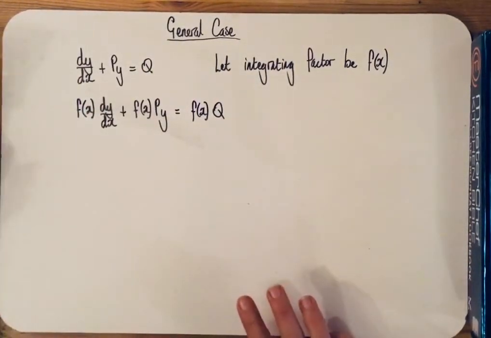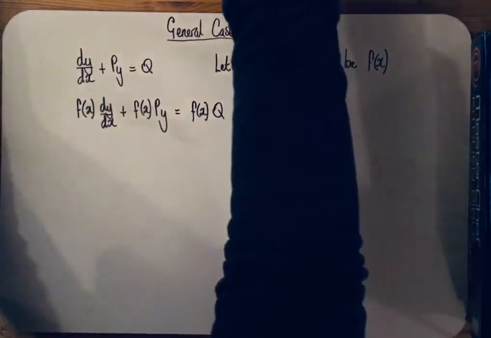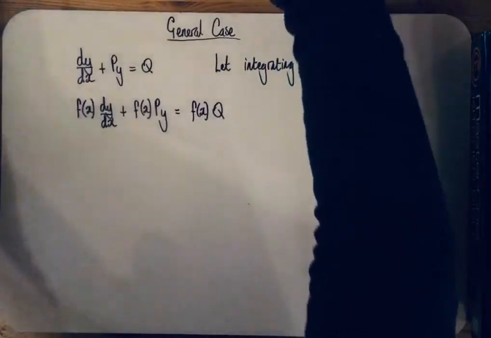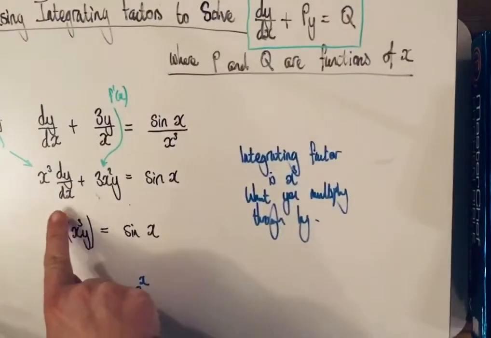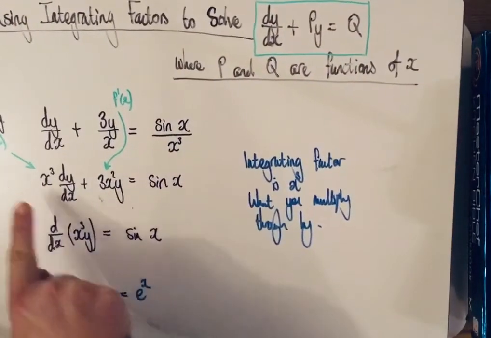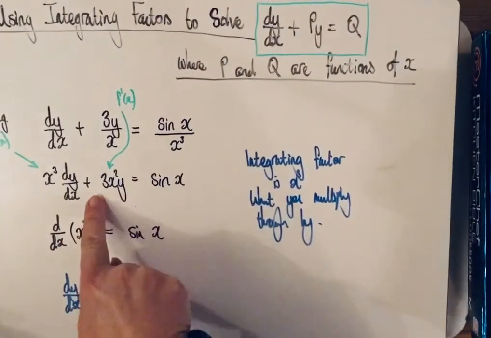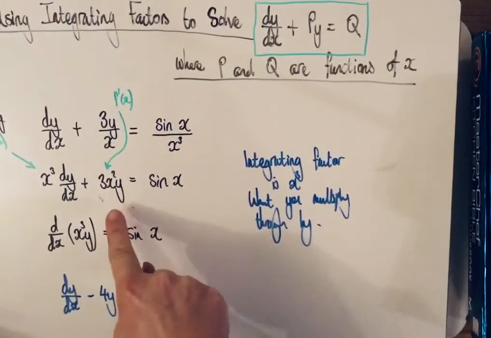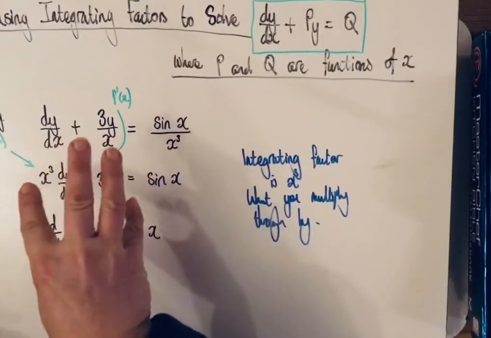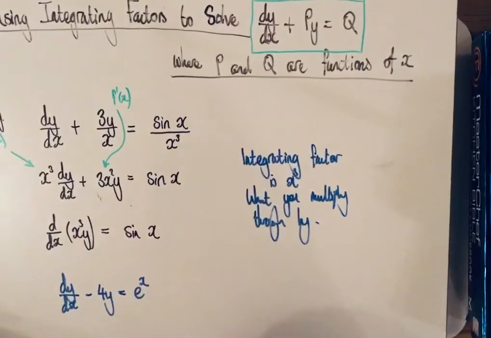We need the left-hand side to be in the form f(x) dy/dx plus f'(x) times y for it to be reversing the product rule.